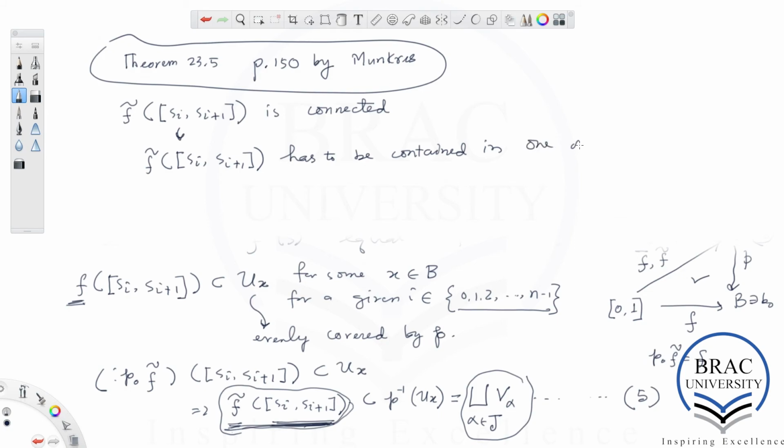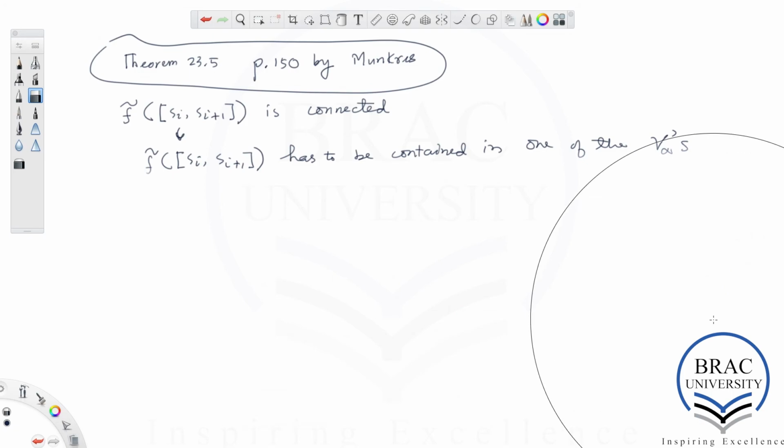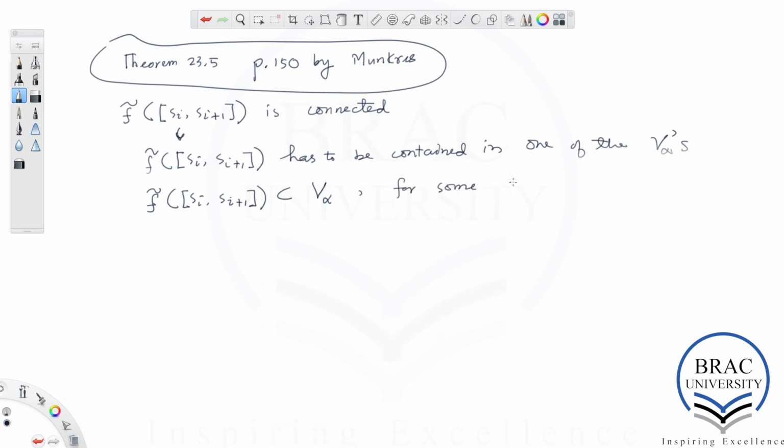So F tilde of this connected space has to be contained in V alpha for some alpha in J. Good?